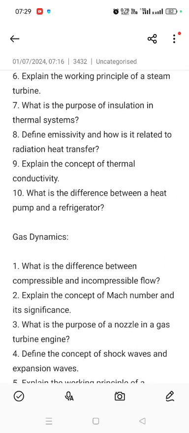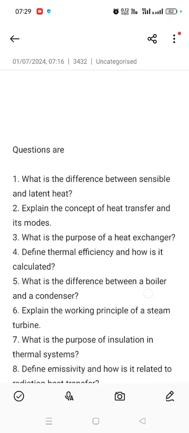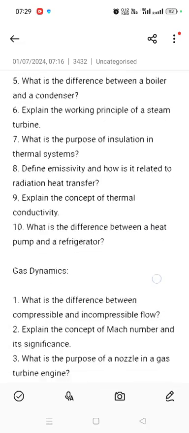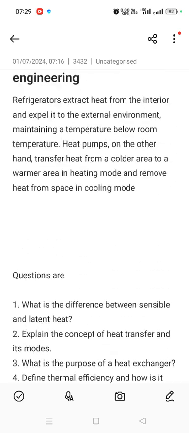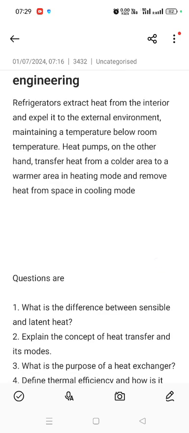This is the last question from this portion of the thermal part. What is the difference between a heat pump and a refrigerator? Let us see it. It is mentioned here. Refrigerator, actually we know we use a refrigerator for cooling purposes, for our substance to cool.